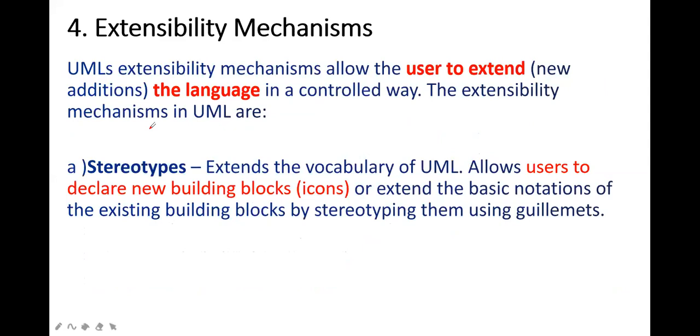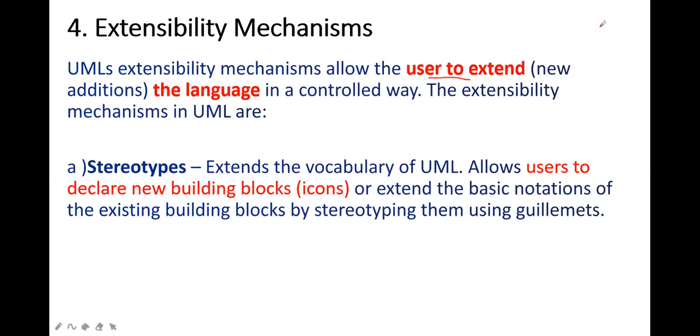Now the last thing, the extensibility mechanism. As the name suggests, it is an extending mechanism. Here the language is controlled, and at the same time the user can extend the language. How? There are three things.